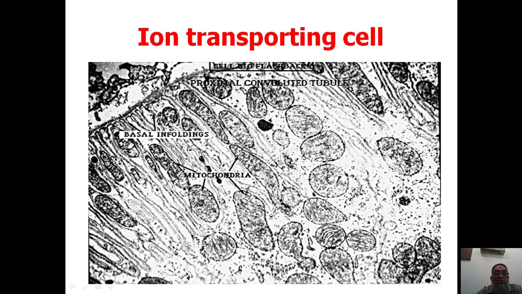This mechanism is energy dependent as well, because active transport is constantly carried on in this basal infolding. So this is the situation of mitochondria in the basal infolding.